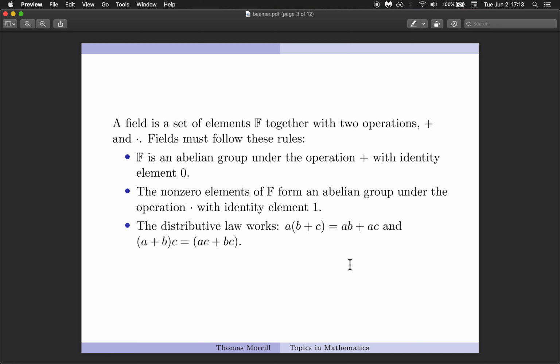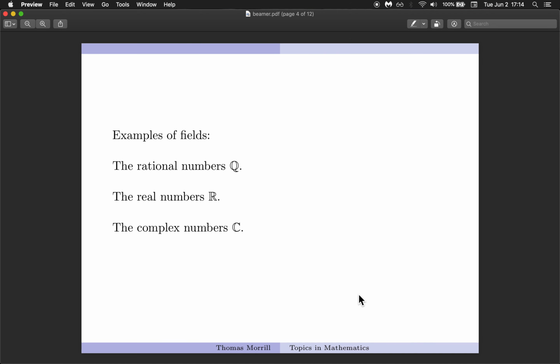The reason for that is because of the distributive law. That's a fun little proof if you want to work out a proof in your spare time. Let me get to some examples. There are several important fields that we've been talking about for a while now, and I imagine have come up in your earlier classes as well.